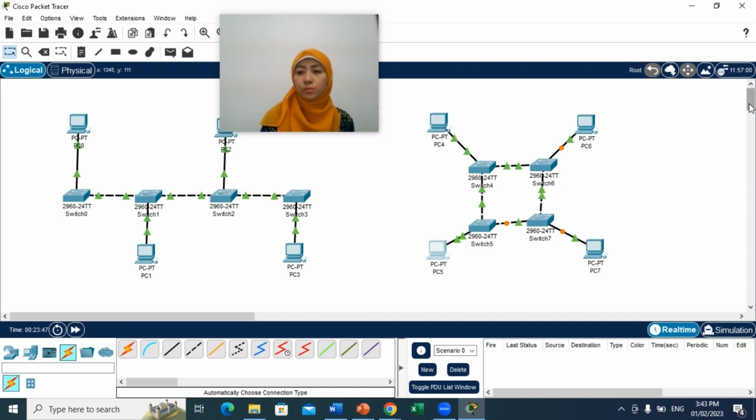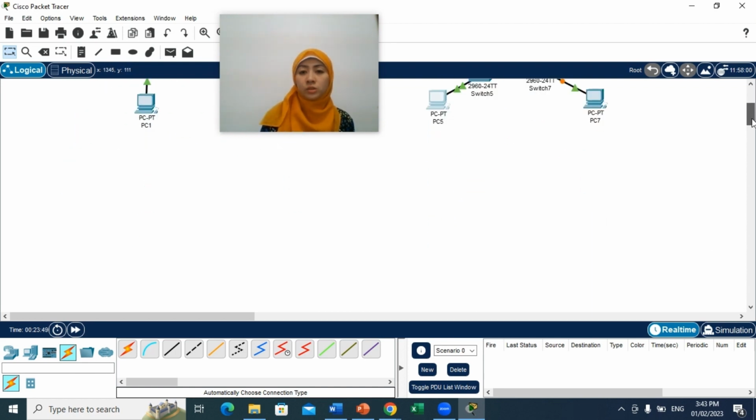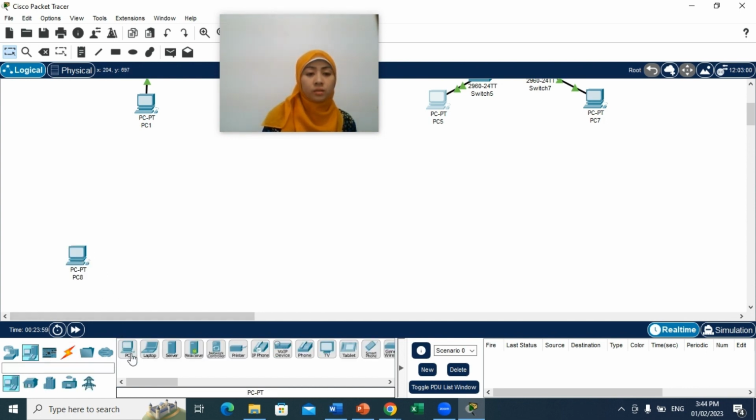So next we will do the star topology. In a star topology, all devices are connected with one intermediary device only. So we will use a hub.